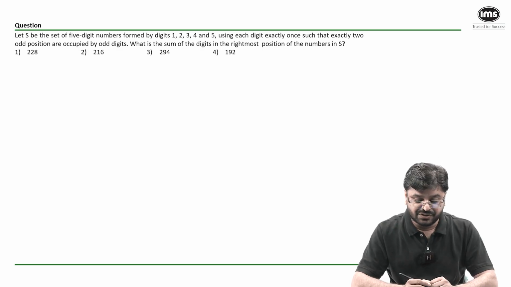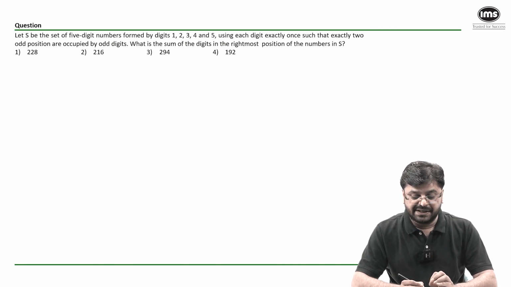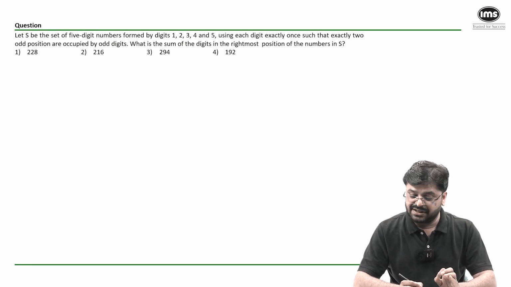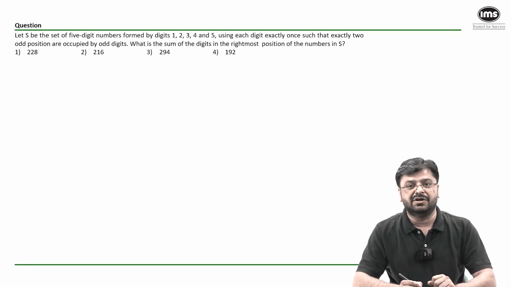Here's another question on your screen. Let S be the set of 5-digit numbers formed by the digits 1, 2, 3, 4, 5 using each digit exactly once such that exactly 2 odd positions are occupied by the odd digits.